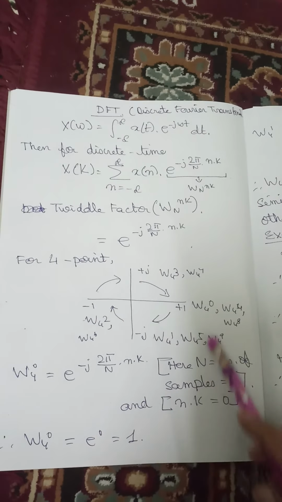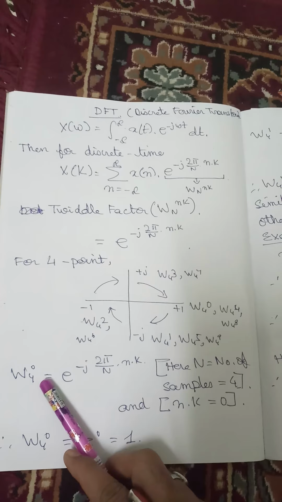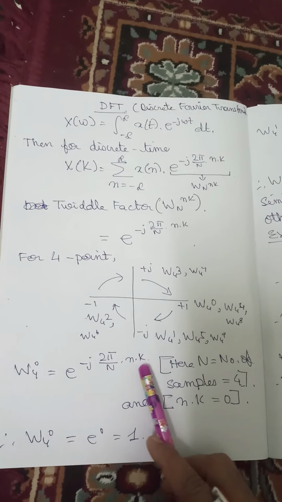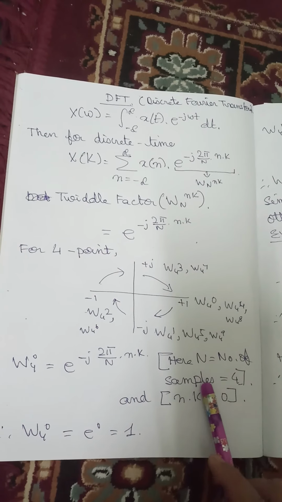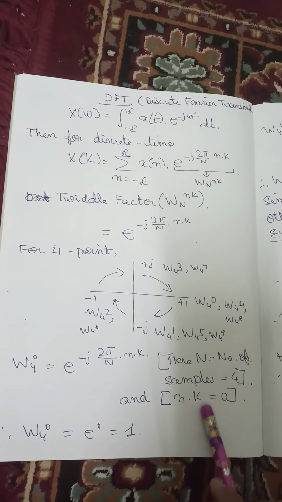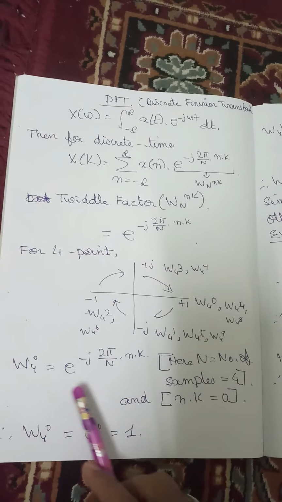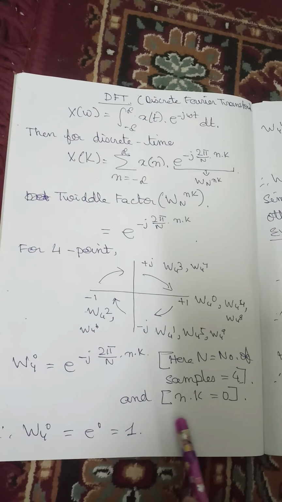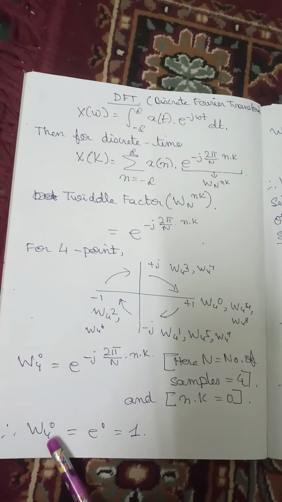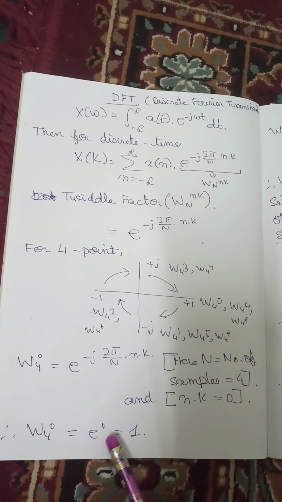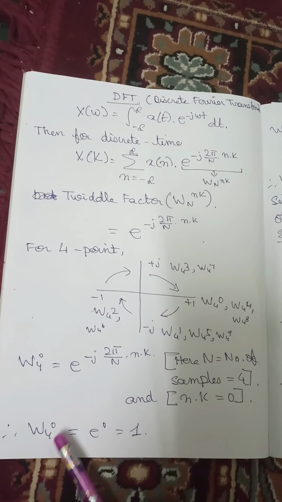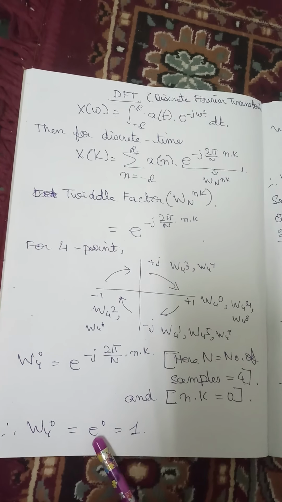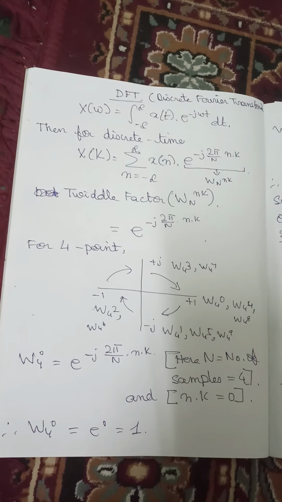So the circle goes in the clockwise direction. Let us see how we compute W4^nk, that is e to the power minus j 2 pi by N into n into k. Here capital N is the number of samples, which is 4. For W4^0, n into k is 0, so e to the power 0 is equal to plus 1.